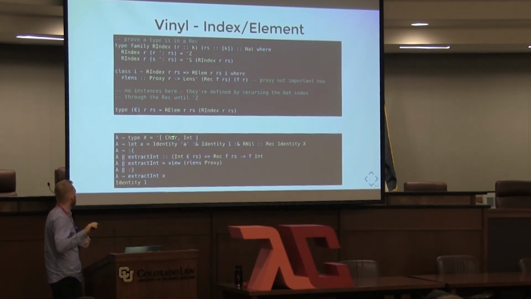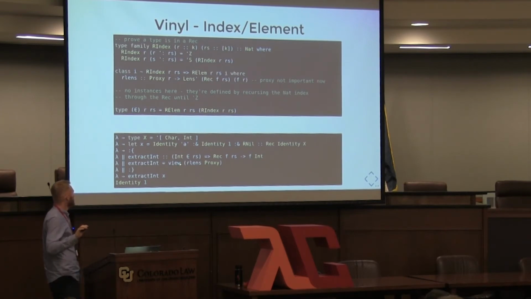So here we have, again, our type X. We can wrap up our X in that same construction as before. And then here's an example of using eta right here. We want to say if there's an int in our type level list RS, and given that RS, I can extract the integer wrapped in whatever functor I have.